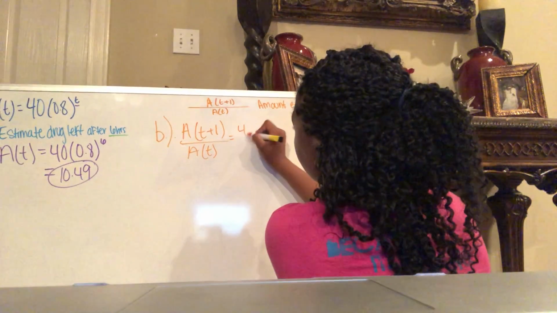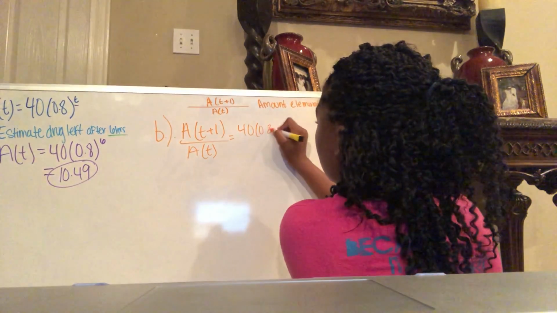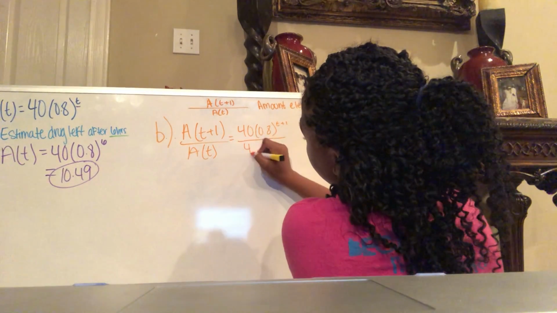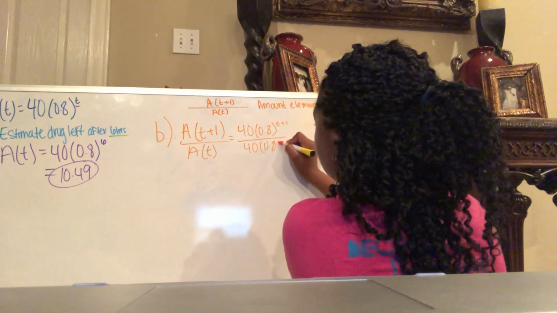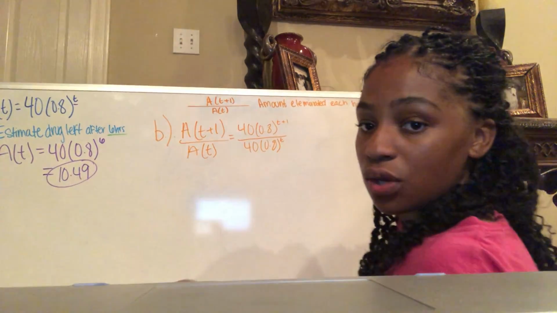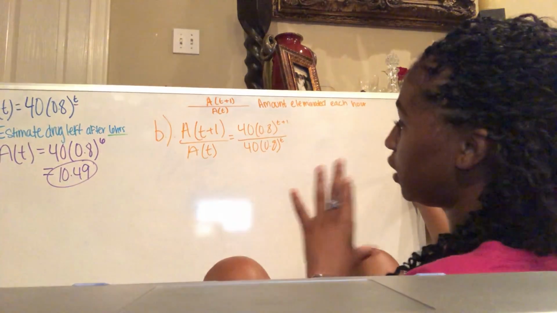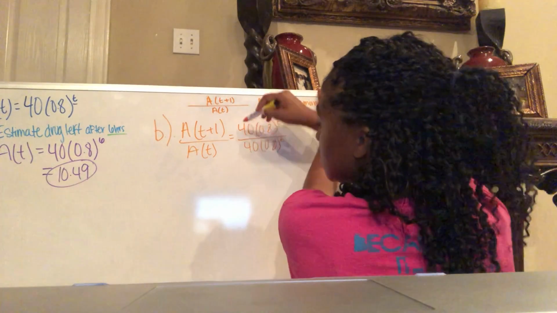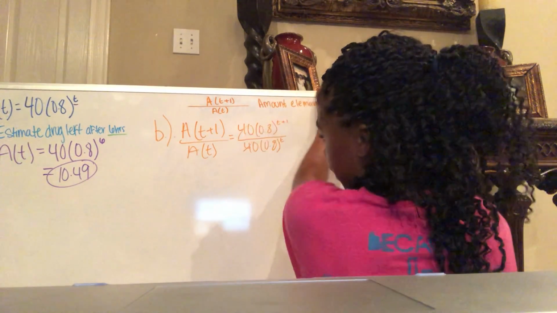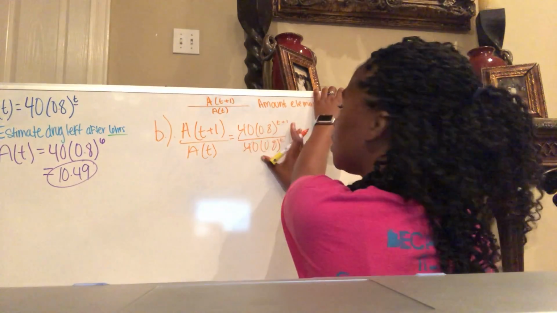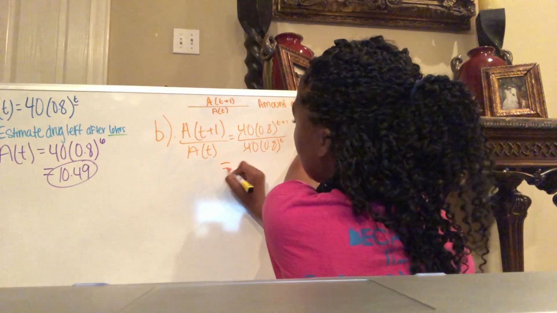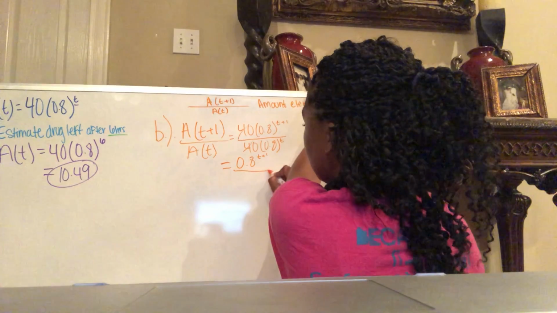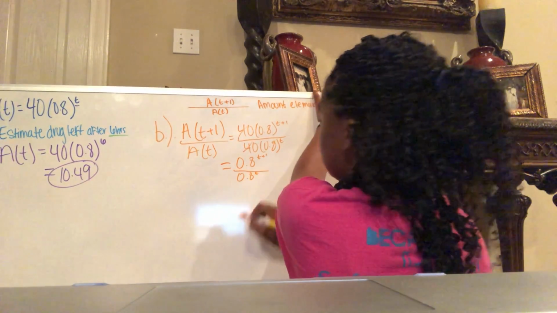So I'm going to have 40 times 0.8 to the T plus 1 over 40 times 0.8 to the T. When you look at this, you should be able to tell that you can get rid of some of these terms. What we're going to get rid of is this 40. We divide the 40 by the 40, and that gives us 1. So 1 times anything gives us the same thing, so we just bring it down, and we have 0.8 to the T plus 1 over 0.8 to the T.